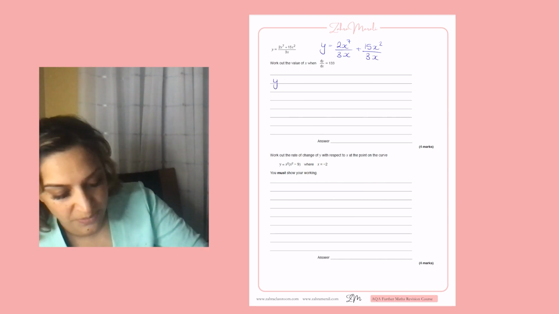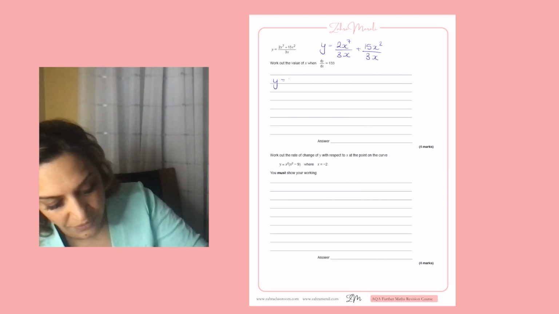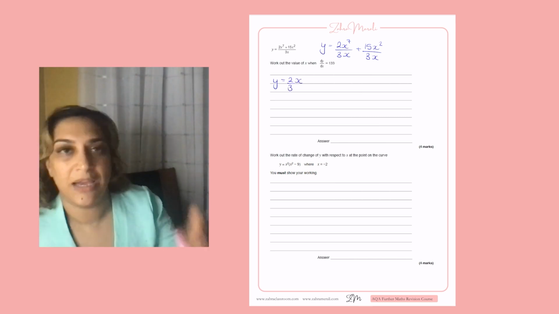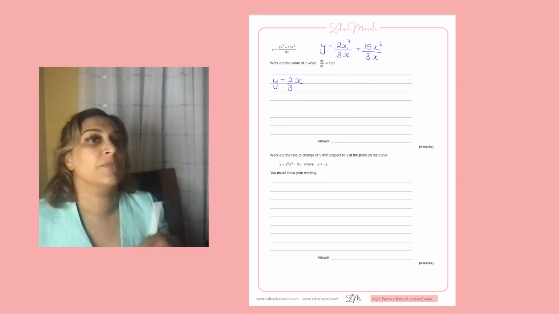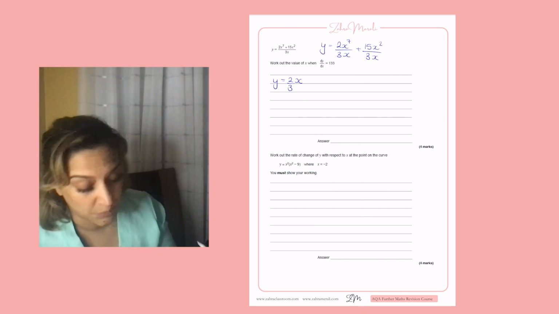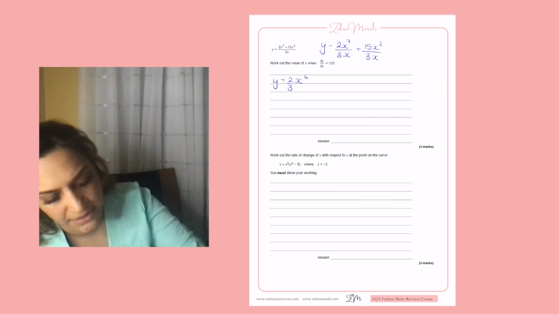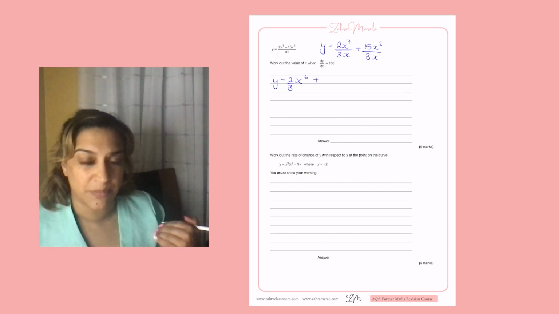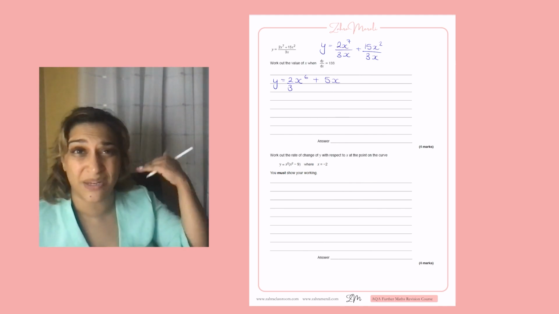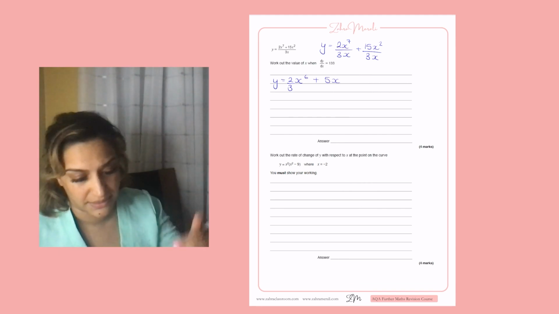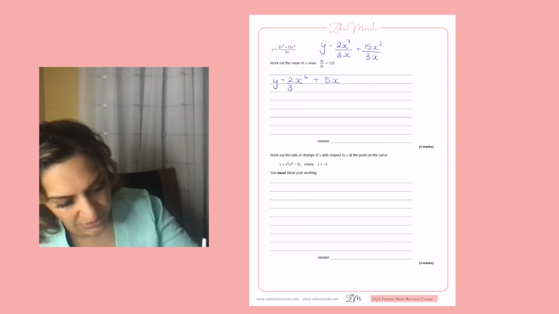If we take the first bit, we'll get 2 over 3, and we can cancel down. So we've got x to the 7 divided by x. Now remember, when we divide indices, we're taking away. So we get x to the 6. 15 divided by 3 gives us 5, and then x squared divided by x, 2 take away 1 is x. Now we're going to differentiate it.